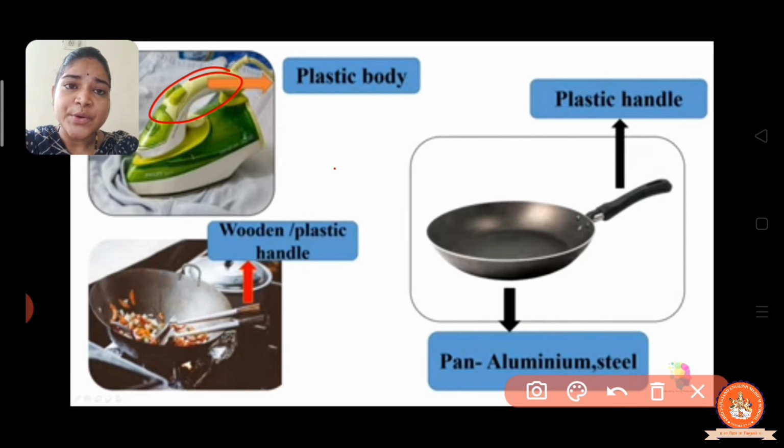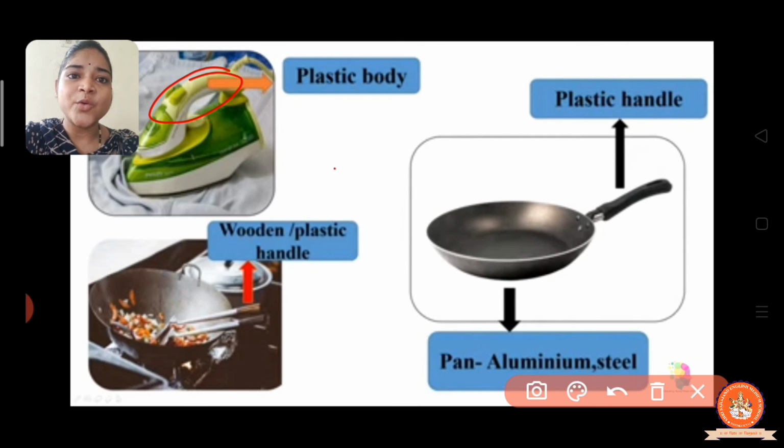But what happens if the handle of the iron is made of metallic material? The heat would transfer easily to the entire body of the iron, and when you touch the iron, you may get burnt.